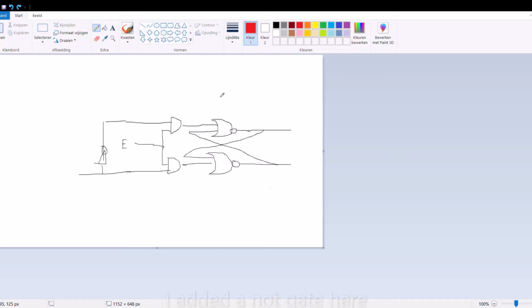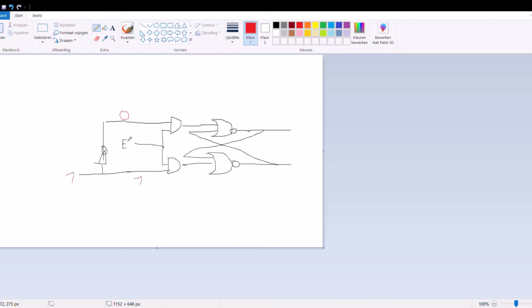Now because we have an enable line, we can tell the circuit when it needs to copy the first line. So for example, if this becomes a 1, this will be a 0 and a 1. But as long as the enable line stays off, both these lines will stay off, because an AND gate only lets the signal through if both lines are on.